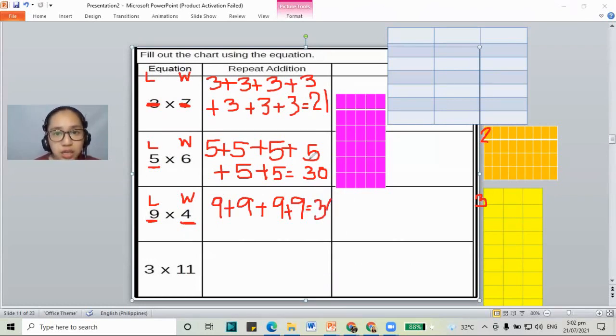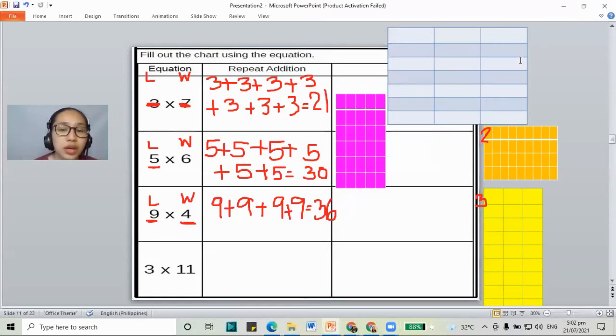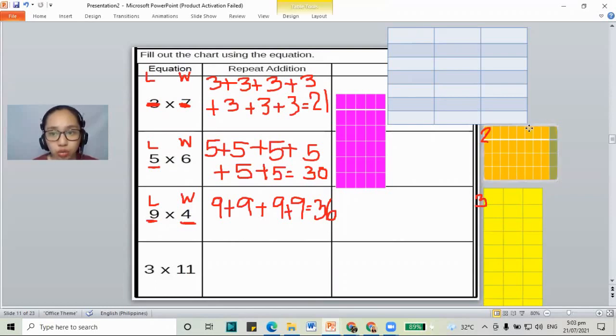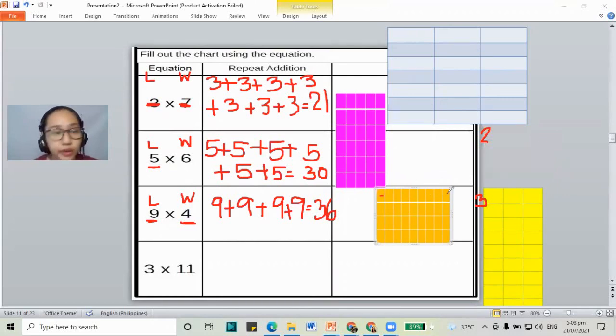You get 36. Now, let's check for the picture that shows 9 squares in a row and 4 squares in a column. Is it 2 or 3? It's gonna be the picture for 2. We have 9 squares on the row, and there are 4 squares in a column. That's our picture for your array for 9 times 4.